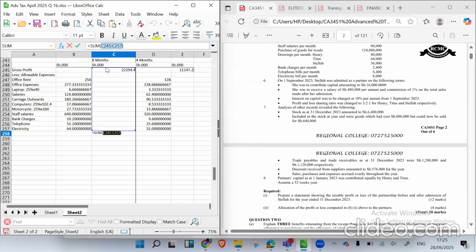Okay. So it's summation of B. B247. So therefore, taxable income, nimekufanyia total, equals to gross profit minus the expenses.